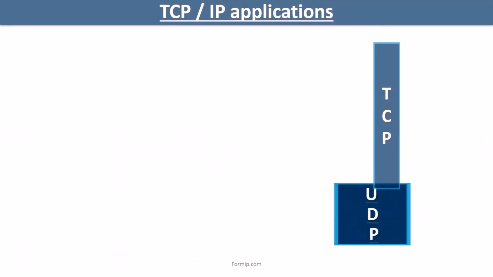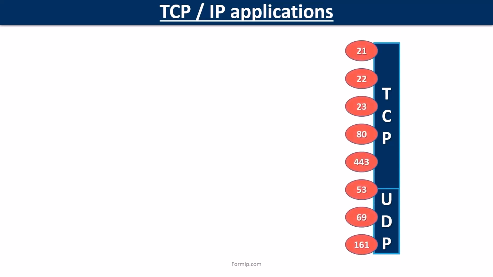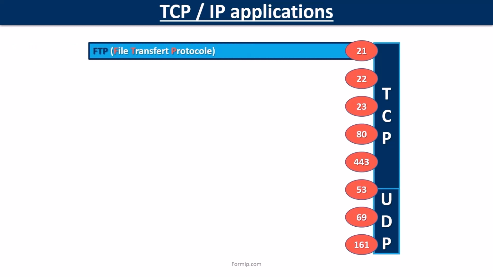UDP and TCP use internal software ports to enable multiple connections between different network devices. To differentiate the data from each application, they both have fields in their headers to identify applications by port number. FTP, File Transfer Protocol, uses port 21 by default.